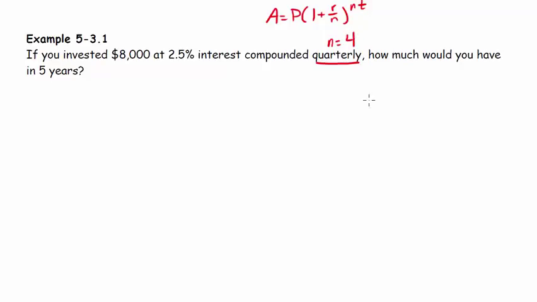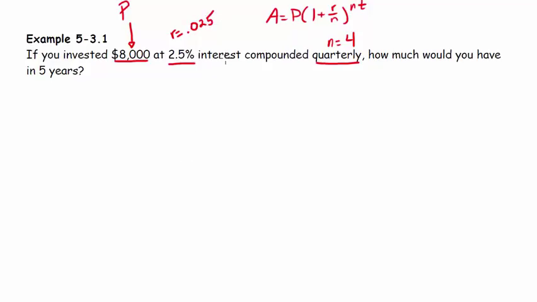Let's go back, reread this, and pick out the other variables. You invest $8,000, so this is what we start with. This is our principal P. That interest rate is 2.5%, so when we change that to a decimal, we get 0.025.